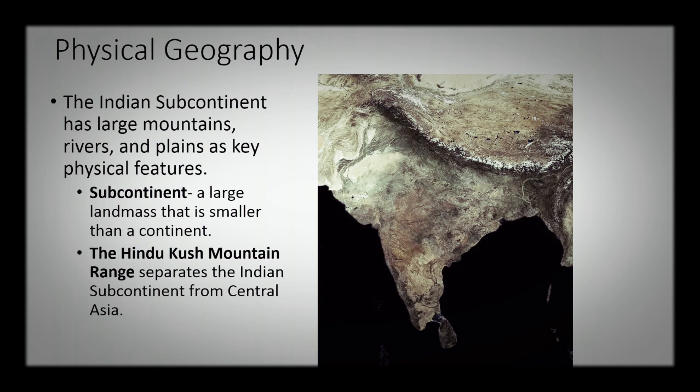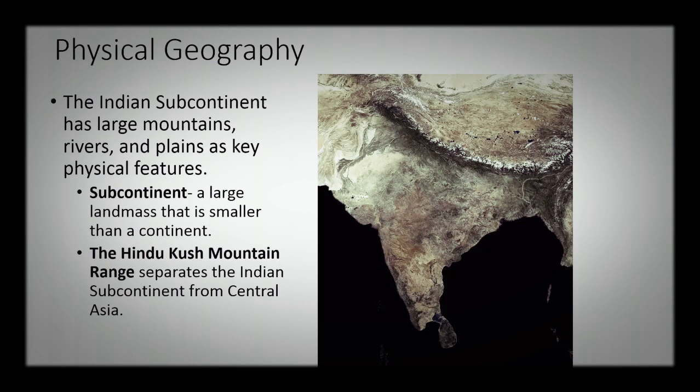The Indian subcontinent, if we take a look at this satellite image, has a lot of different physical features. The country of India itself has some low-lying regions, it has some deserts, it has some highly elevated regions, but it's all located on a subcontinent. And a subcontinent is just a large landmass that is smaller than an actual continent.